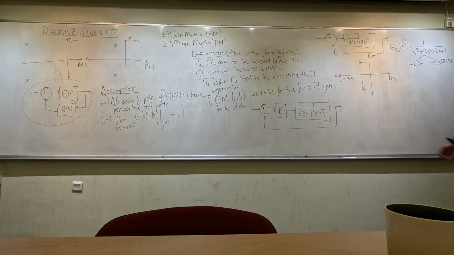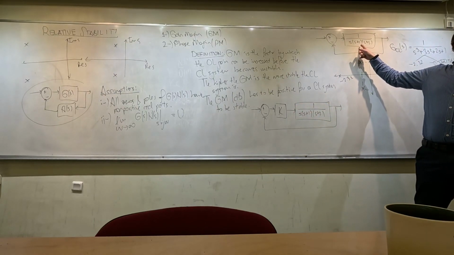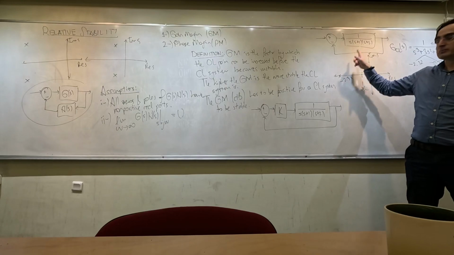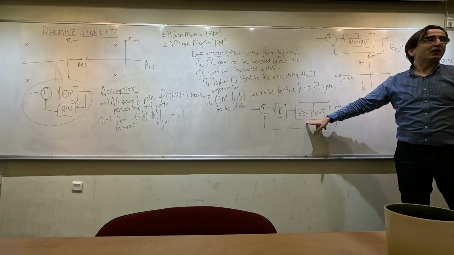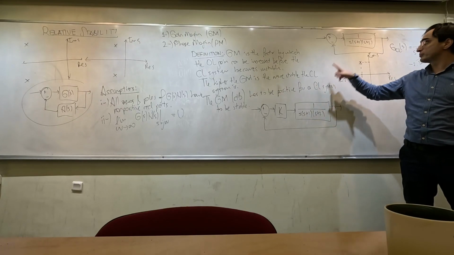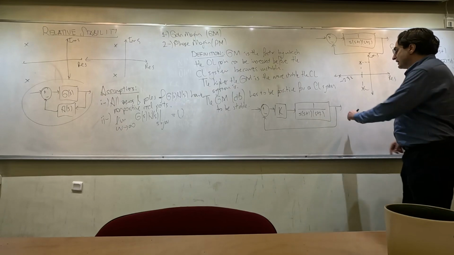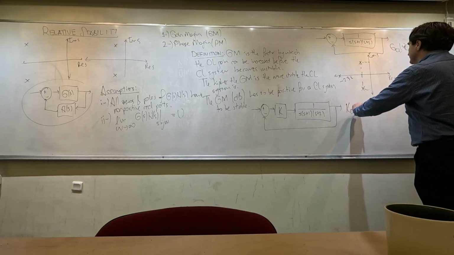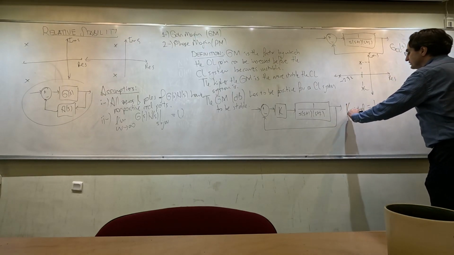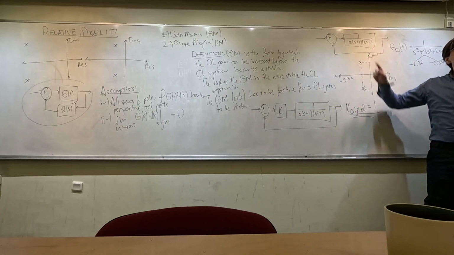The original system corresponds to the k value 1. This is my original system, and this is my hypothetical system. We see that the original system corresponds to a special case of the hypothetical system, and I know that k original is 1. When I set k equal to 1, I get my original system here.